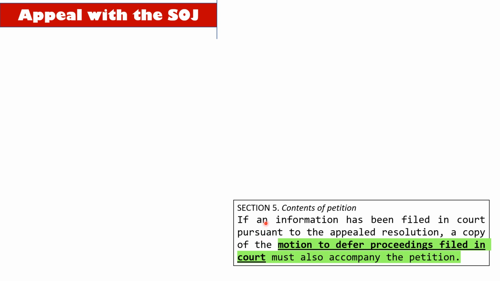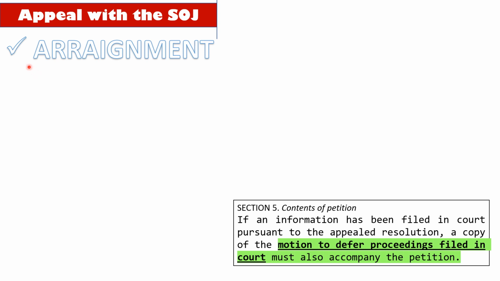Take note that this is also a requirement if you're going to read your Section 5. If an information has been filed in court, together with your petition for review is a copy of the motion to defer the proceedings.